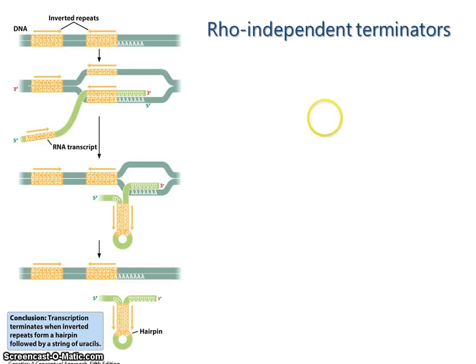For Rho-independent terminators, there's actually an inverted repeat that is encoded into the transcribed region.